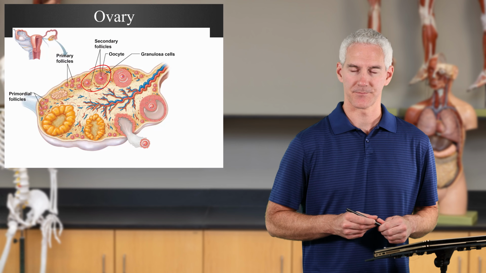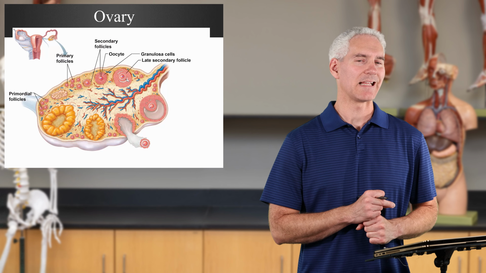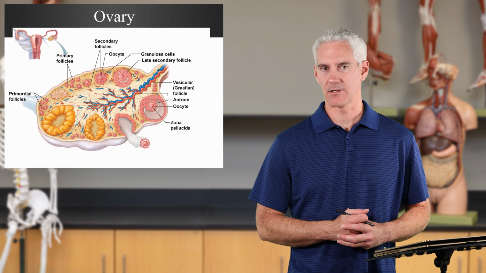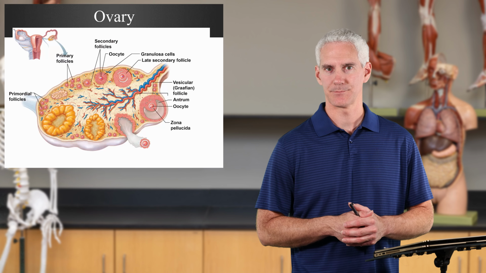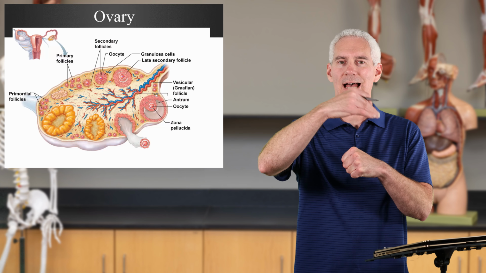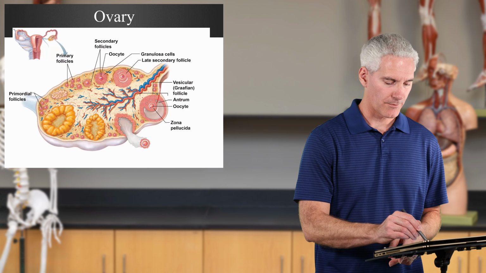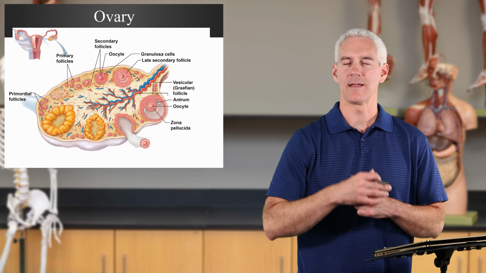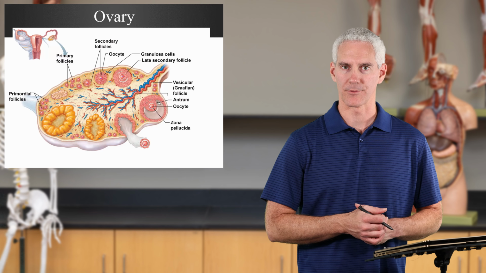It's where the cells start to separate and you put a little fluid in between. From the late secondary, we go into the vesicular follicle, sometimes known as the Graafian follicle. You'll notice there's a very large fluid-filled antrum now. At this point, it's starting to push out, because notice the ovary is bulging. It's pushing away from the actual wall of the ovary.